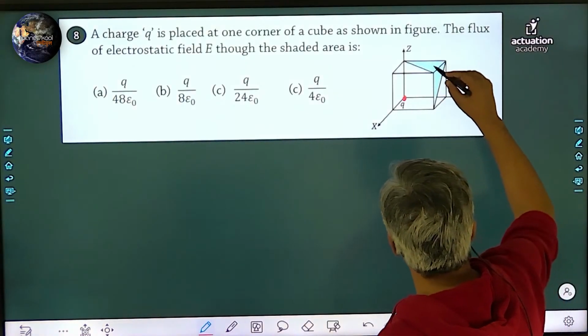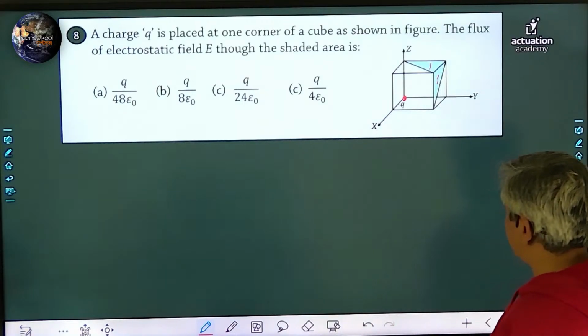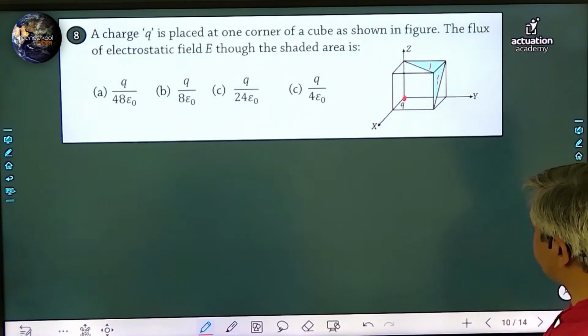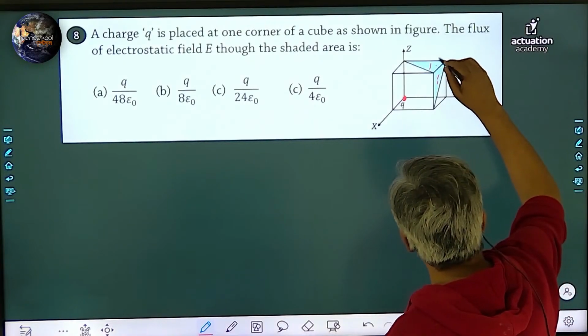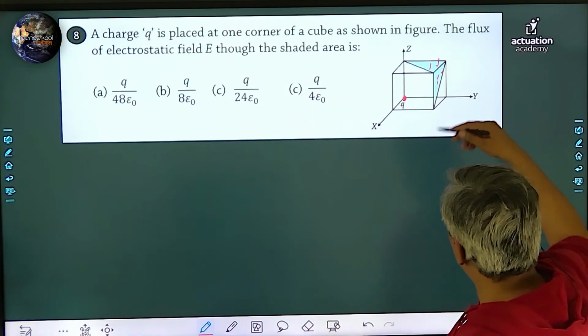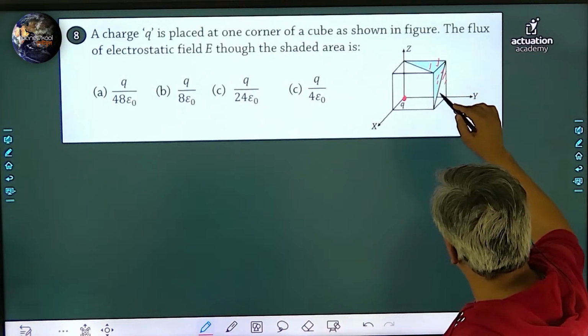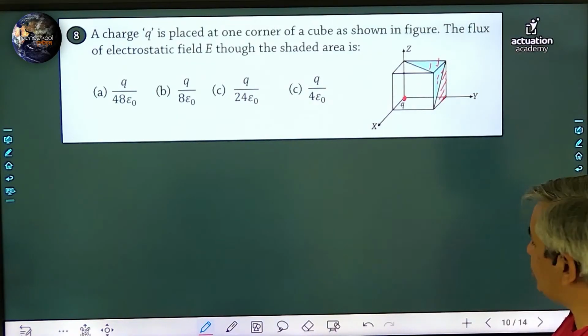Because this is a cube, we can easily make out that this area and this area are both equal. So we simply need to find the flux through one face of the cube.